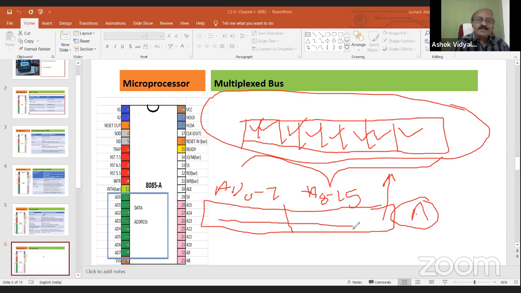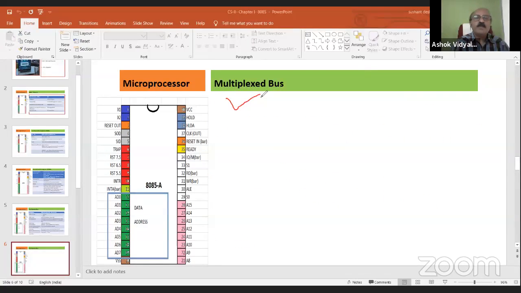Once the address is given, if it is a read, the data which is in this memory location will be put on the data bus. Now what is a data bus? The data bus is the same, AD0 to AD7. So when it is data, it is AD0 to AD7. When it is an address, it is AD0 to A15. This is called multiplexing.